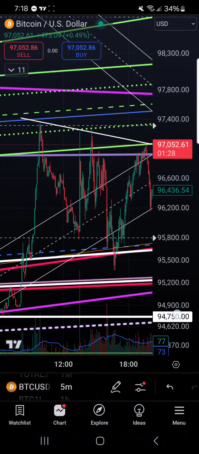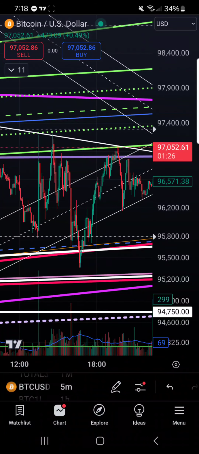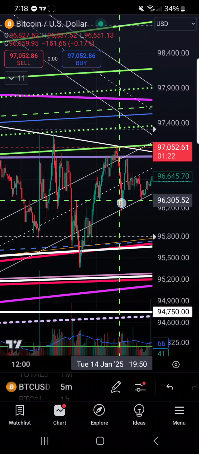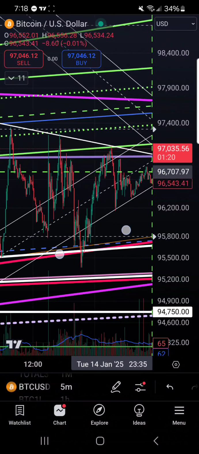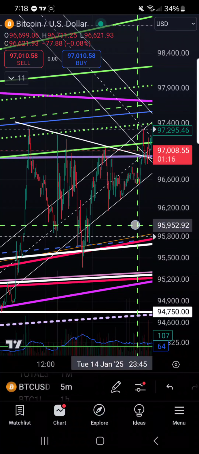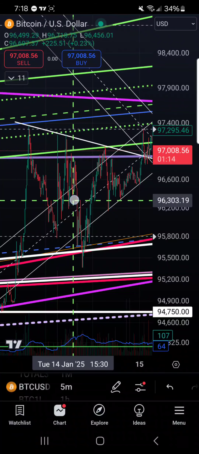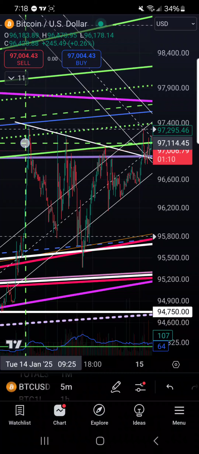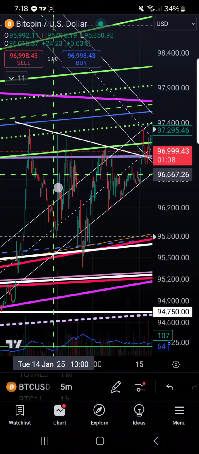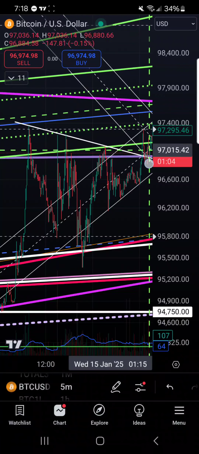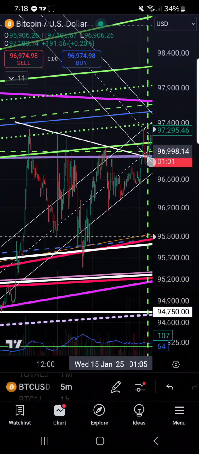Now, back here, you can see that we do have this inverse head and shoulders pattern here. And I'm thinking, well, we were in a downtrend prior to it, so it's not really like a bottoming kind of reversal pattern, but it does show that we were traveling downwards in a channel this way, and now we're traveling upwards in a channel this way.